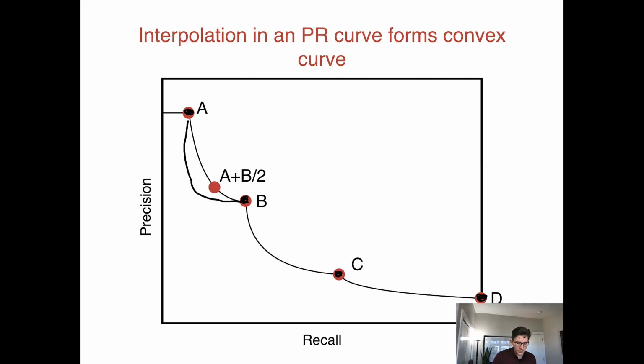So you'll see this often in practice where people will draw straight lines between their points, and that's a wrong thing to do. And I've even seen papers where you're comparing two methods. So here I have my method that has these points A, B, C, and D, and here's the competing method.